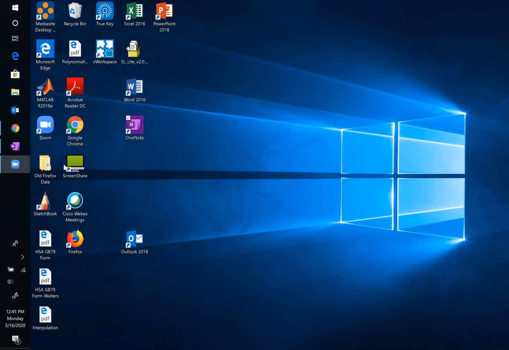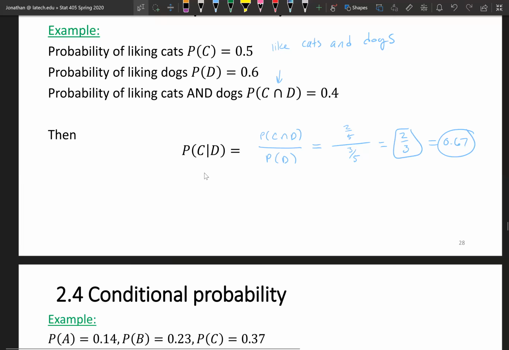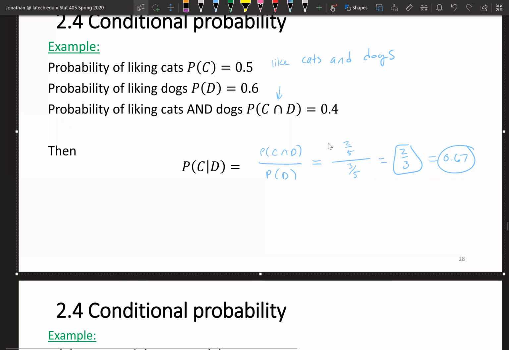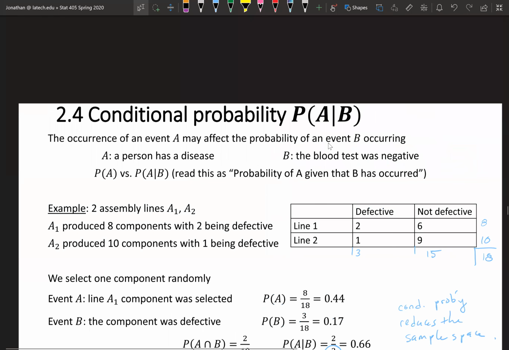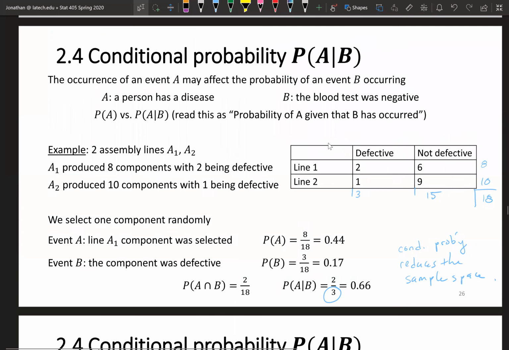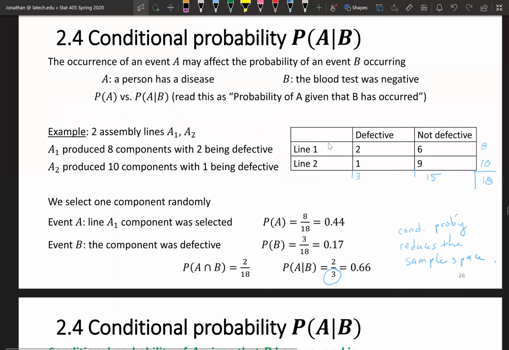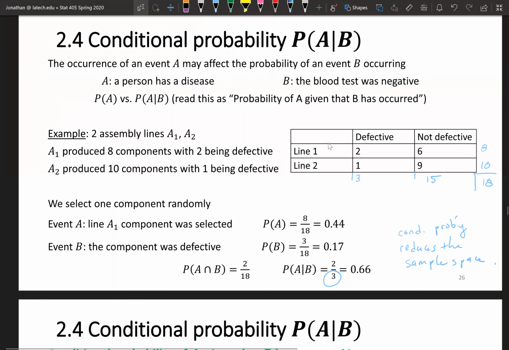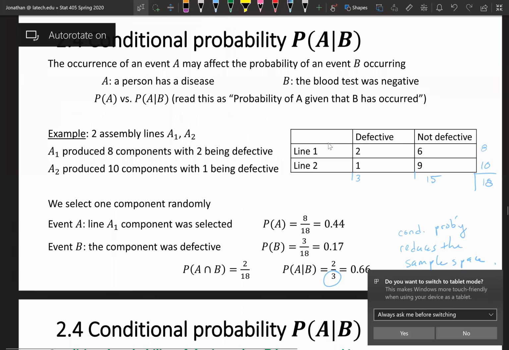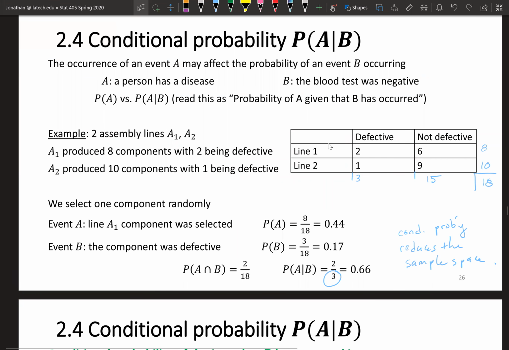The first 10 minutes you can go back and watch after I share the link. But anyway, we just kind of covered this conditional probability stuff. I'll just give a quick recap. Conditional probability is basically what's the probability that an event A occurs given that event B has already occurred. So there's a nice formula for calculating that.